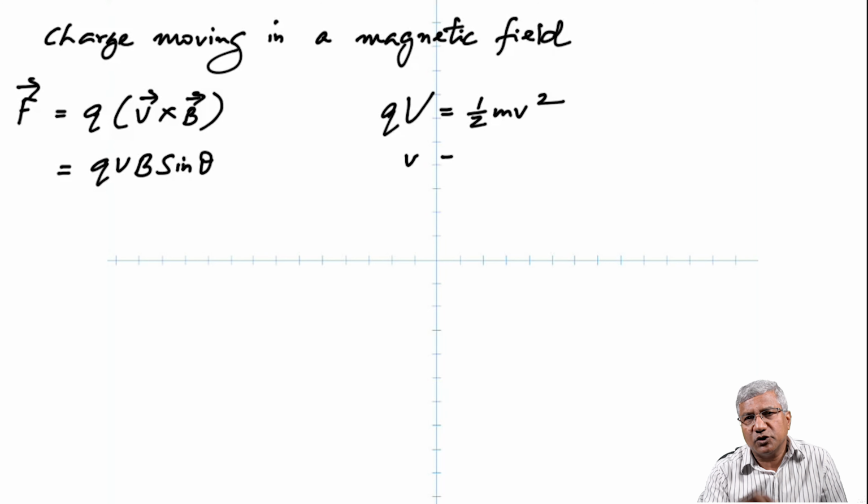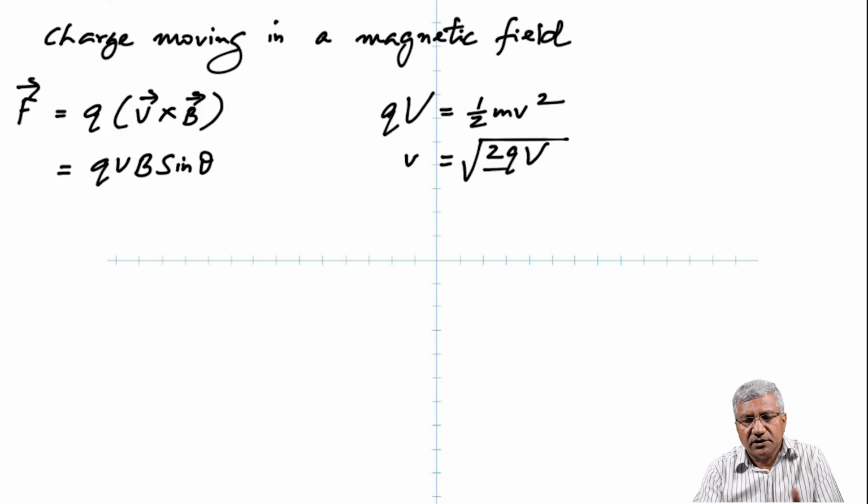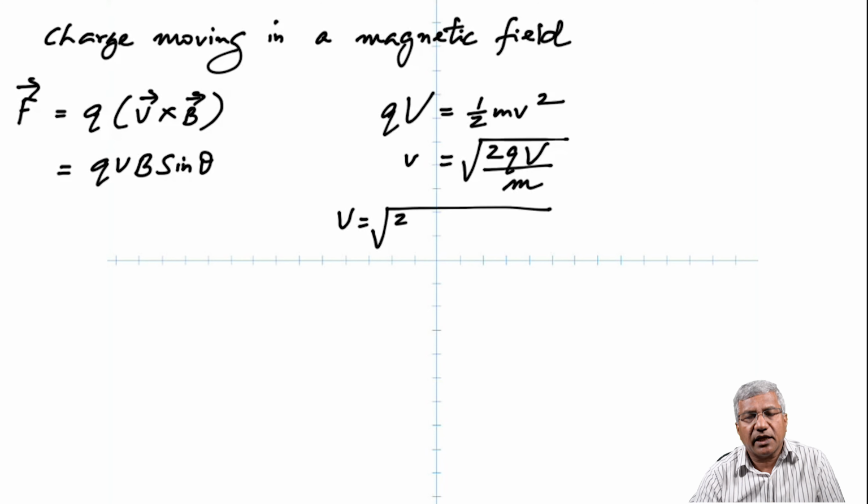So if that's the case, you know the electrical energy, Q times the voltage, becomes the kinetic energy. So that's conservation of energy, from which you can calculate the velocity. Just rearrange that, calculate the velocity, and here is an example.